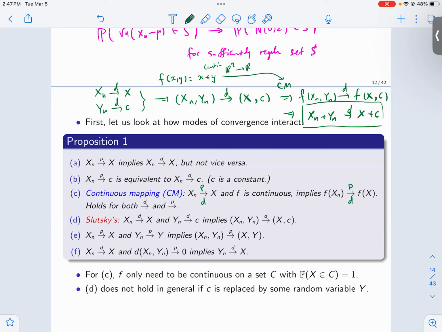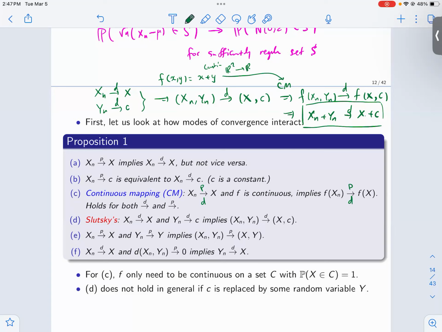You can also do it with x times y. For example, you get that Xn times Yn converges to c times X. You can also do it with division, but you have to be careful, because x over y is only continuous where y is not zero. So if the limit c is non-zero, then f will be continuous on the appropriate domain, and so Xn divided by Yn converges to X over c.